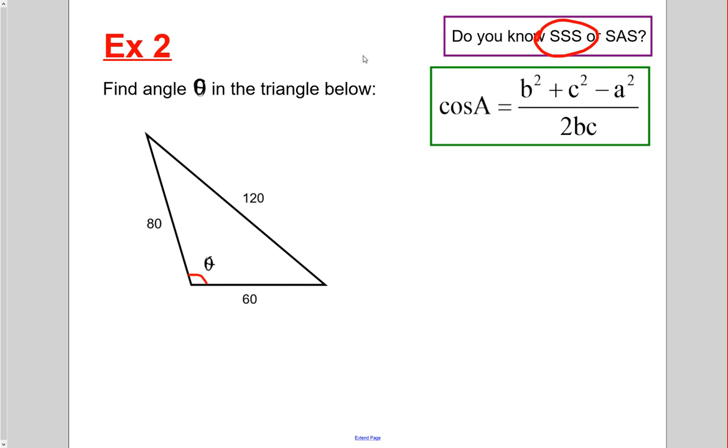Because we're finding an angle, we're going to end up doing the cosine inverse at the end on our calculator. So we're going to hit shift or second function or whatever, and then the cosine to the -1 button because we're finding an angle. So be prepared for that.